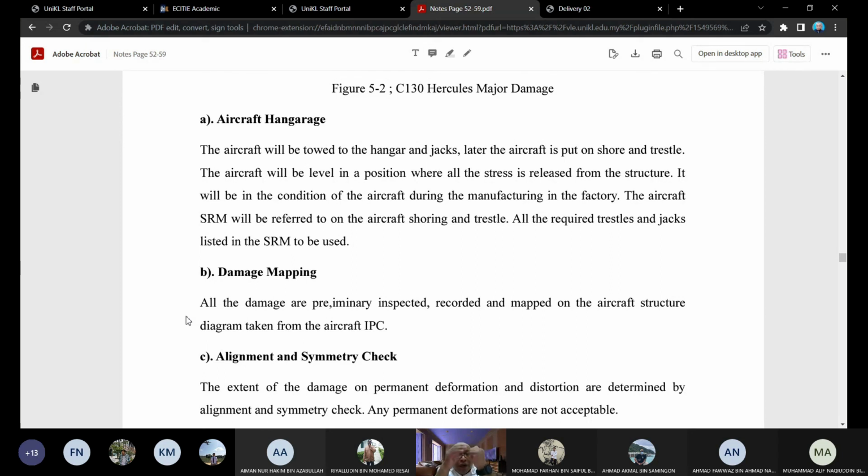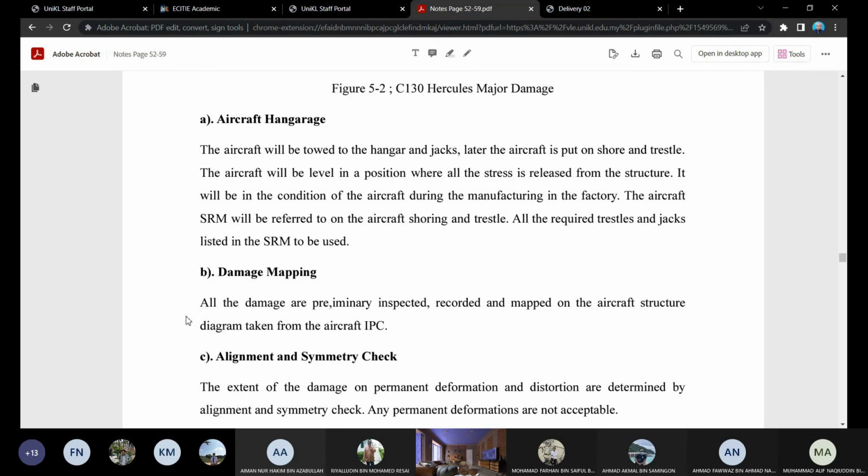So we are not allowed to have permanent deformation on the aircraft. That's why we have to do the alignment symmetry check. It will determine the distortion level of the aircraft, whether it is acceptable or not. There is a specific chapter in the manual about alignment and symmetry check.